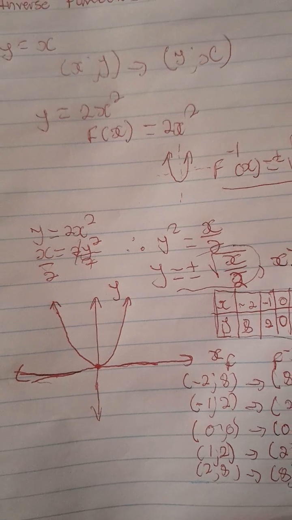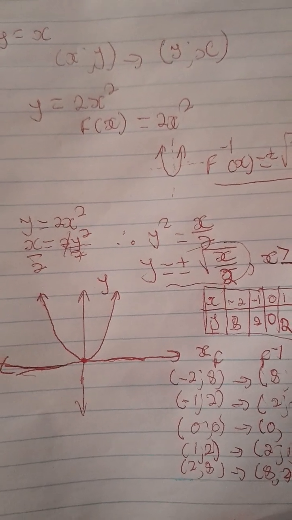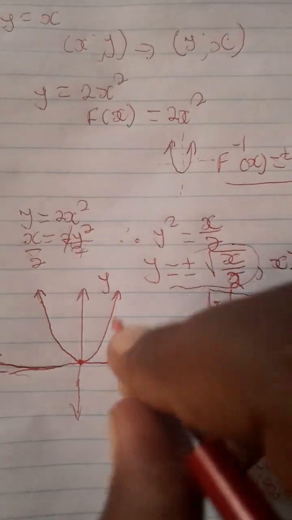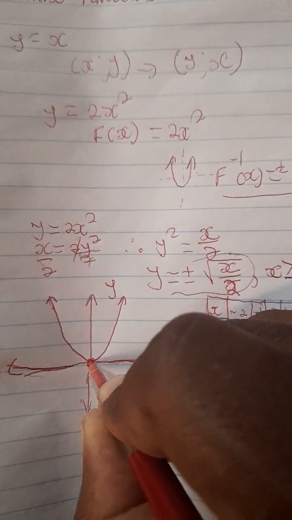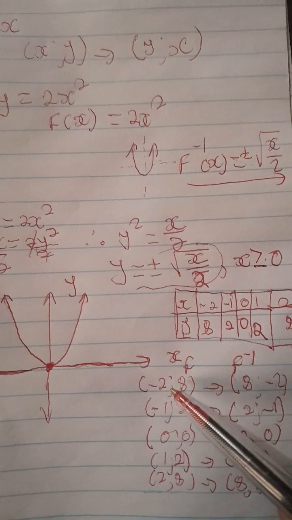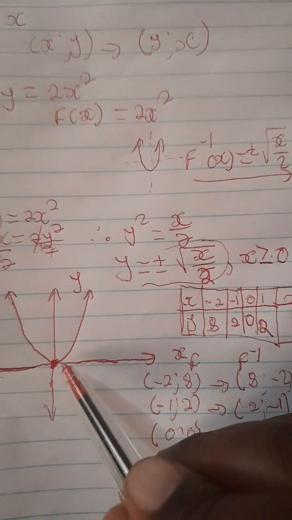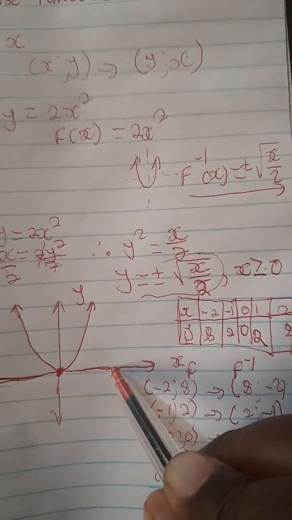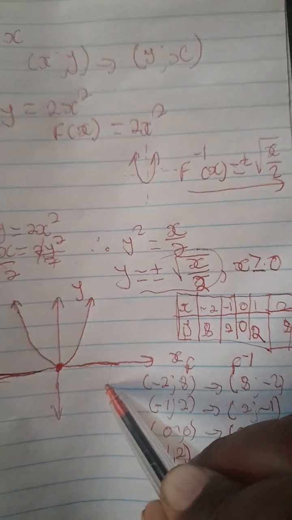Now guys, I will need to put these points in action. If I start with 0 and 0, we can see that 0 and 0 will be here. What about 8 and -2? Let's go. This will be 1 2 3 4 5 6 7 8, and -2, somewhere here.